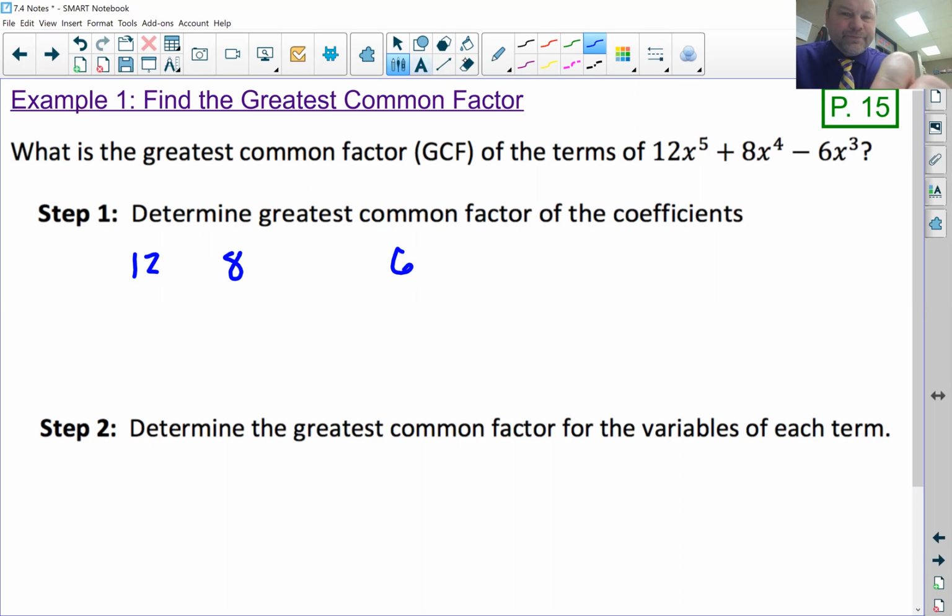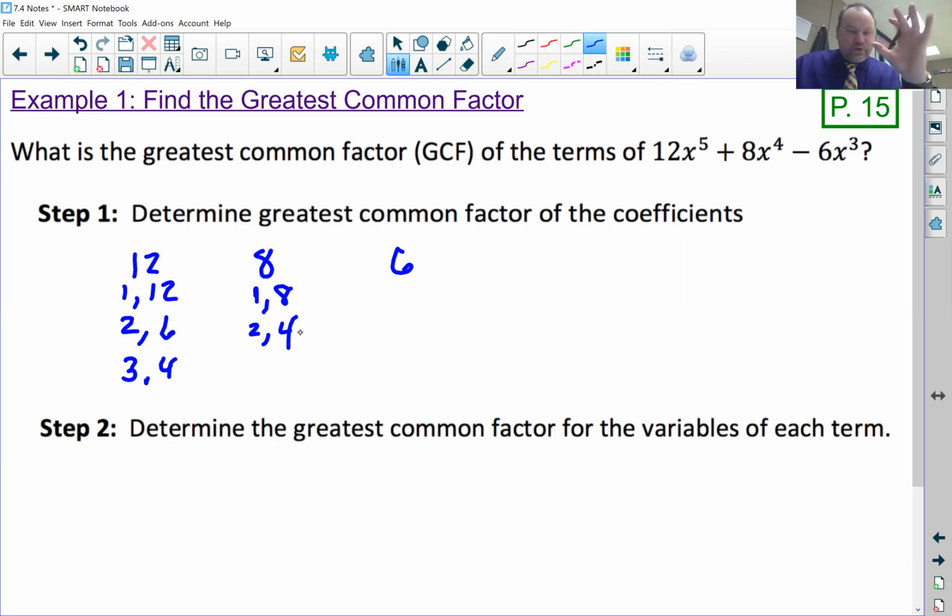And again, if you want, you could list out those factors. 12 would be 1 and 12. Let me rewrite that. 2 and 6, 3 and 4. 8 would be 1 and 8, 2 and 4.